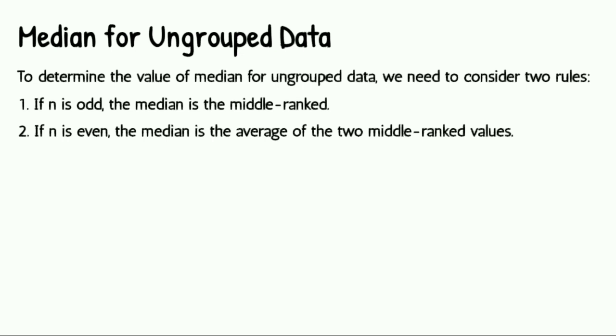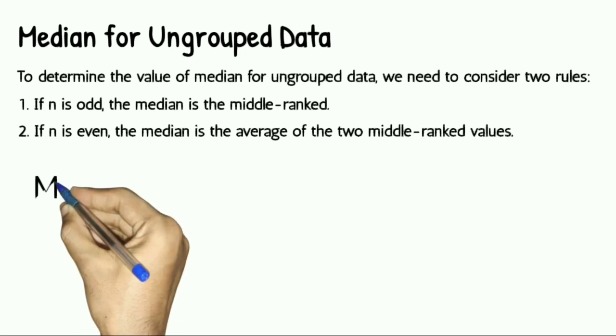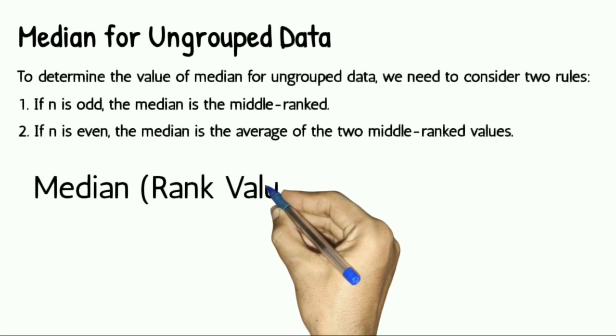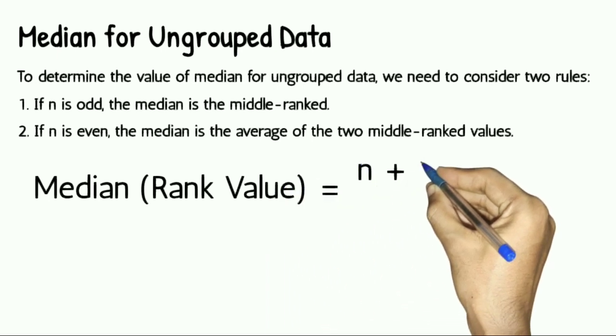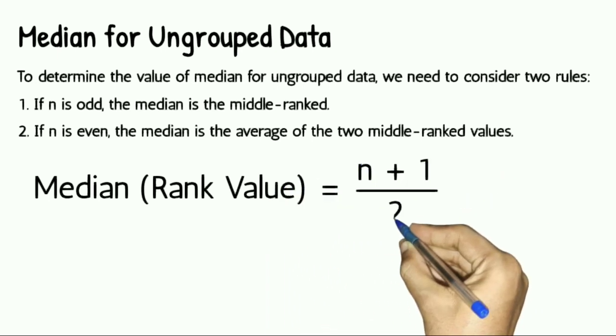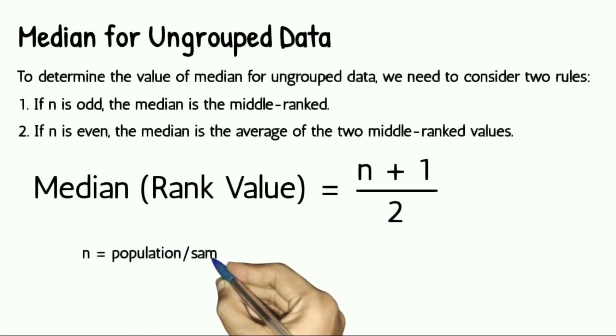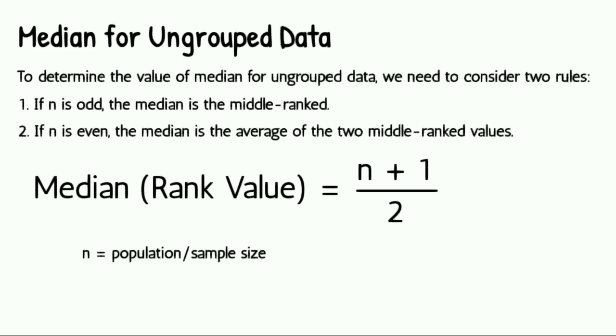Is it an odd number or an even number? Okay, kung odd number, follow rule number 1. At kung yung number of values natin ay even, then follow number 2. The formula for the median rank value is equal to n plus 1 over 2. Note that n is the population or the sample size.